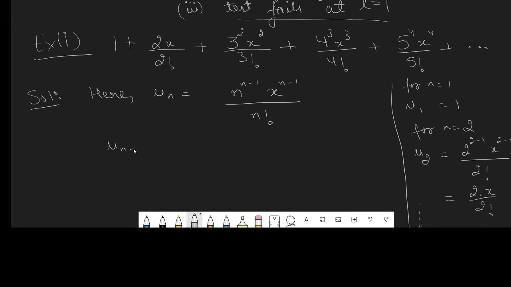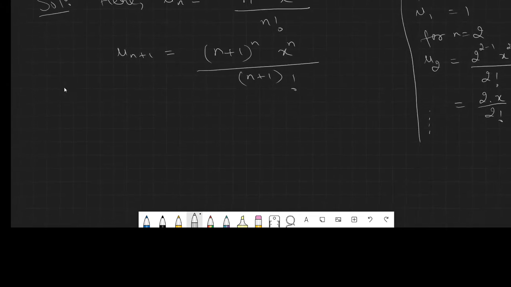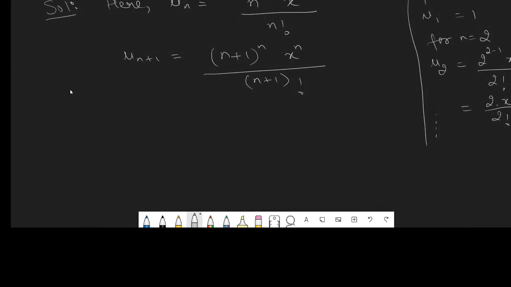Now un plus 1 is n plus 1 power n x power n divided by n plus 1 factorial. Now we are finding this because normally the logarithmic test is used when we have the exponential term. So first we'll apply the ratio test here, and if the ratio test fails, then we'll apply the logarithmic test.